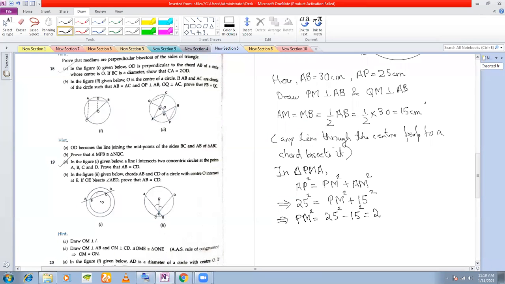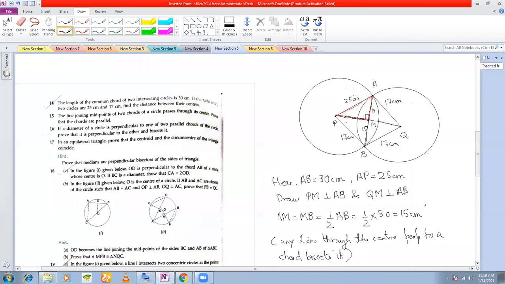Sorry, 25 square is 625, minus 225, which is 400. So that means PM is square root of 400, which is 20 centimeters. So we have managed to find out the length of this PM here.